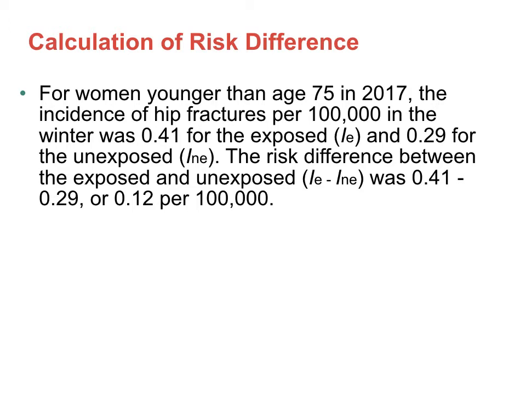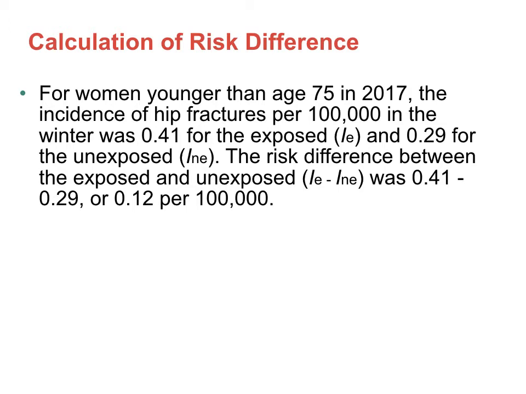An example would be looking at women younger than the age of 75 in 2017 for incidence of hip fractures. The incidence of hip fractures per 100,000 in the winter was 0.41 among the exposed women, whatever the exposure would be in this case, it wouldn't really matter.